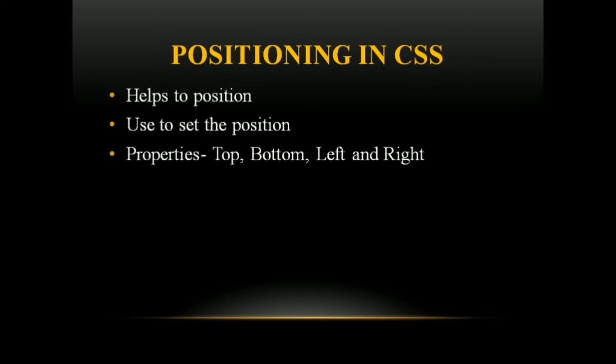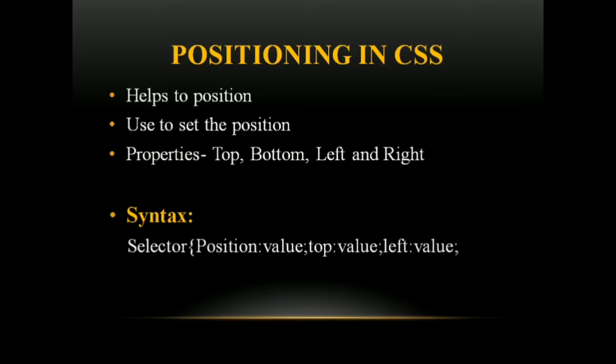Then the syntax of positioning in CSS comes in a selector. Selector is the HTML element you want to style. It could be any tag. And the declaration block, which comes in curly brackets, has property names and values. So over here the property is position colon value, semicolon, top colon value, semicolon, left colon value, semicolon, bottom colon value, semicolon, right colon value, curly bracket close.